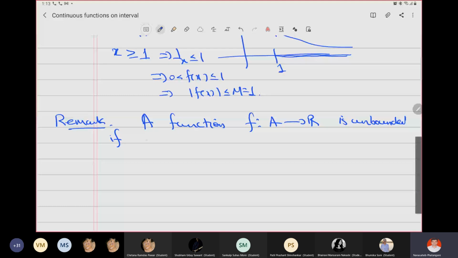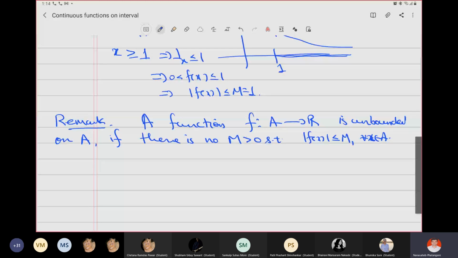A function is unbounded on the set A if there is no M such that the absolute value of f of x is less than or equal to M for every x in the domain. So there is no such M. If you have at least one M which is a bound, then we declare that the function is bounded. Otherwise, if there is no such M at all, then we can say the function is not bounded.